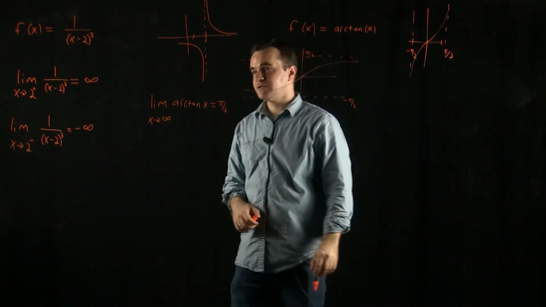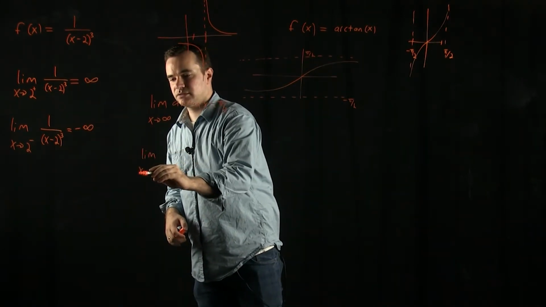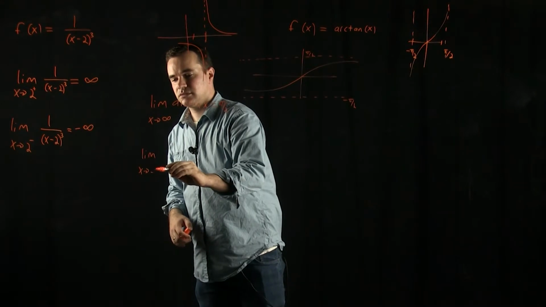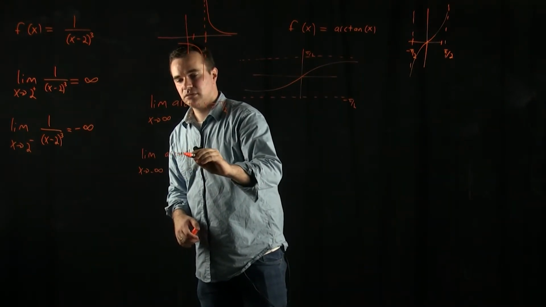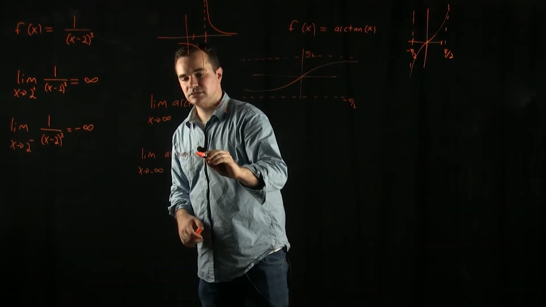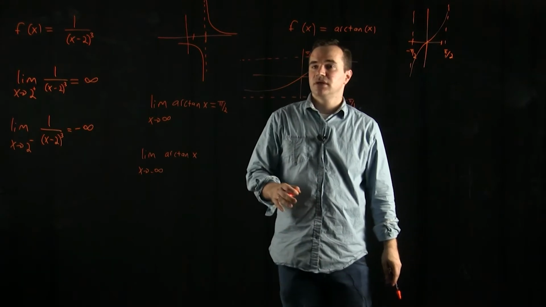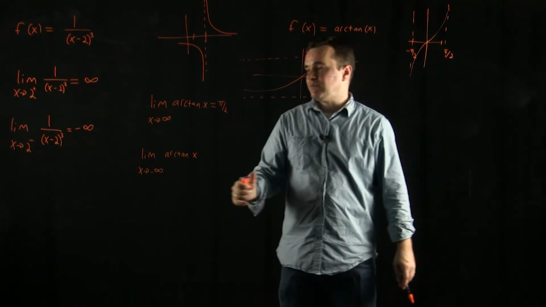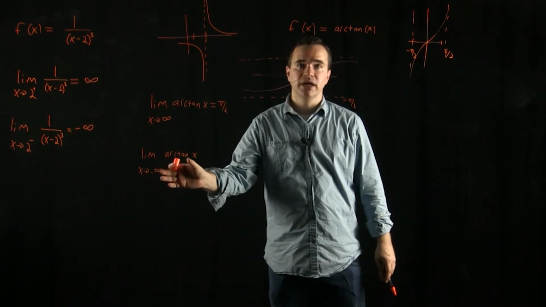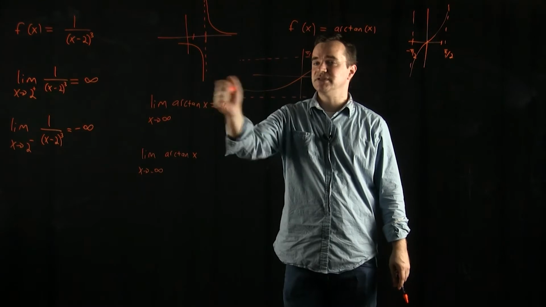And I can also say, what if I take the limit as x goes to negative infinity of something like arctangent of x? What this means is, instead of going off to the right, I'm going to let x get more and more negative, but without bound. So x is going to be escaping to negative infinity.